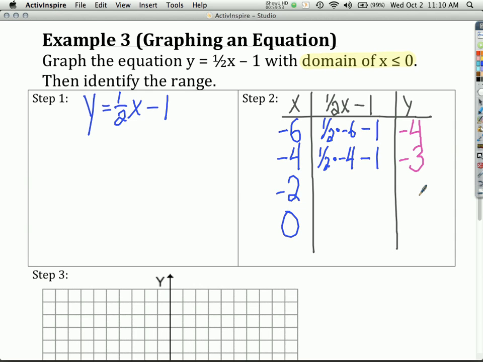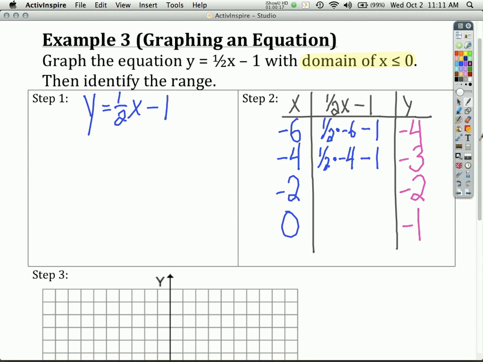Anyone want to make a prediction as to what's going to come next? Ania? -2 is going to come next. Because I followed a pattern here, the pattern's going to continue here. What will the next number be? Alyssa? -1. So I, using my intelligence and understanding of patterns, can actually skip a bunch of work to get the results.